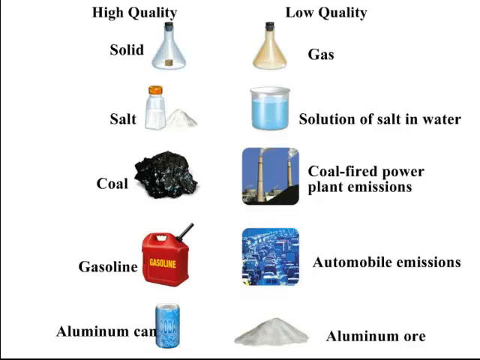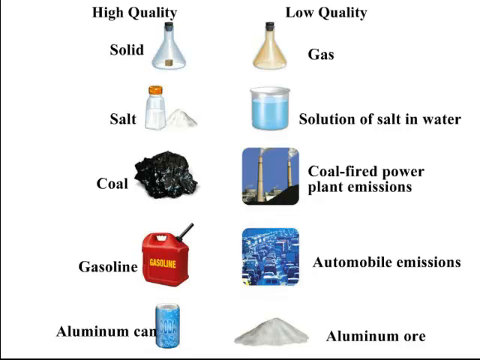Here comes the kicker. Our modern society survives by taking low quality matter and turning it into high quality matter. We take aluminium ore and turn it into aluminium. We take iron ore and turn it into iron. We turn the iron into steel. We take copper ore and turn it into copper.